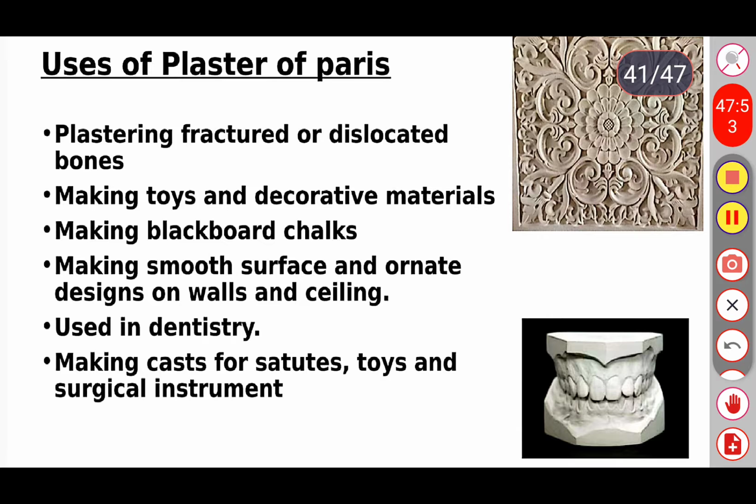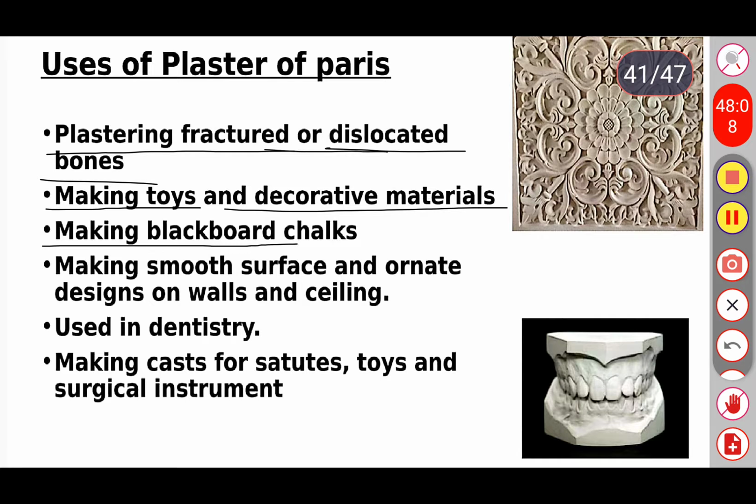Second one, making toys and decorative materials. And third one, it is used in the making of blackboard chalks. Fourth one, making smooth surfaces and ornate designs on walls and ceilings.